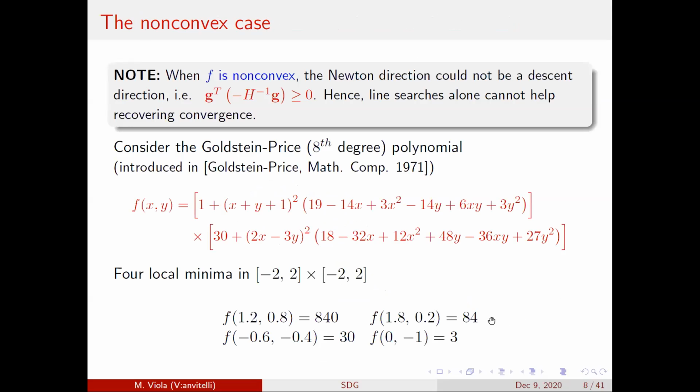Just to give you also in this case a visual example, take this function, which is an 8th-degree polynomial introduced by Goldstein and Price in '71, and this has 4 local minimizers, which are these 4 points. Particularly, we will focus on this one, which is minus 0.6, minus 0.4, in which the function value is 30.